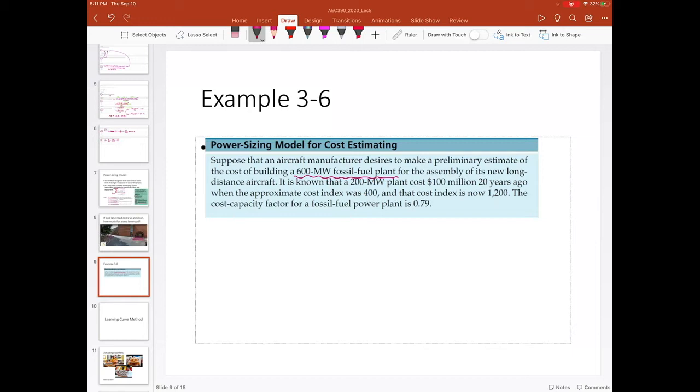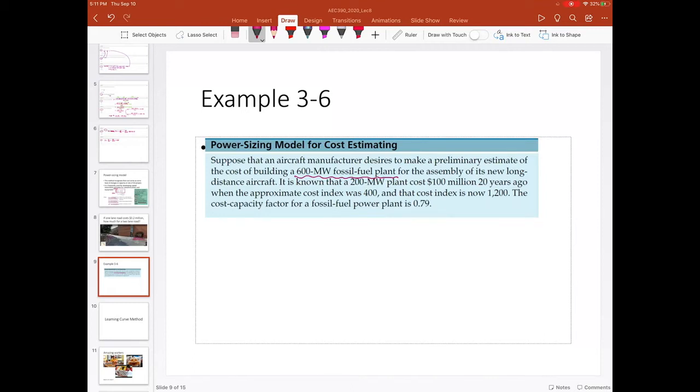And it is known that a 200 MW plant cost 100 million 20 years ago. Wow, this is tricky. Okay, so much information in this sentence. It is known that a 200 MW plant, that's another plant with a lower capacity or lower level of power, okay?